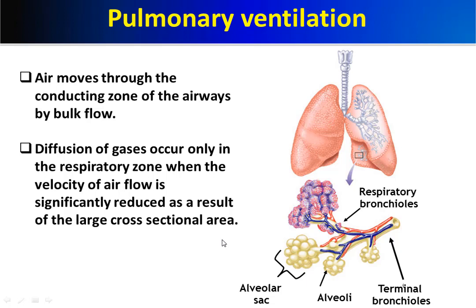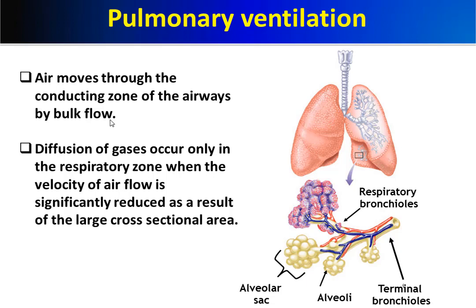We've mentioned earlier during this learning activity that air moves through the conducting zone of the airways by bulk flow. So we need to have a difference in pressure between the atmosphere and the alveolar air in order for air to move either in or out.